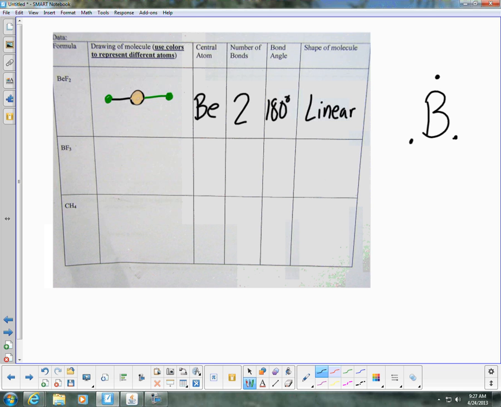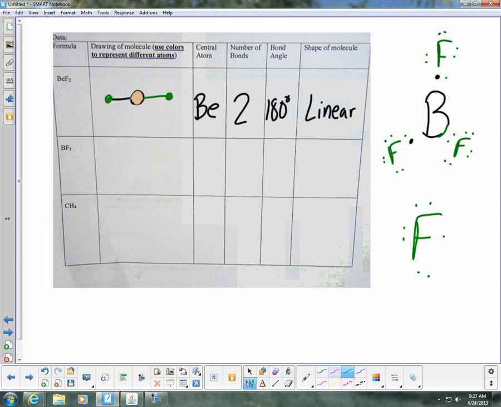Okay, and we still have fluorine, and fluorine had how many around it? Making you think. 7. 2, 3, 4, 5, 6, 7. So I'm going to put a fluorine right here, and a fluorine right here, and a fluorine up here.